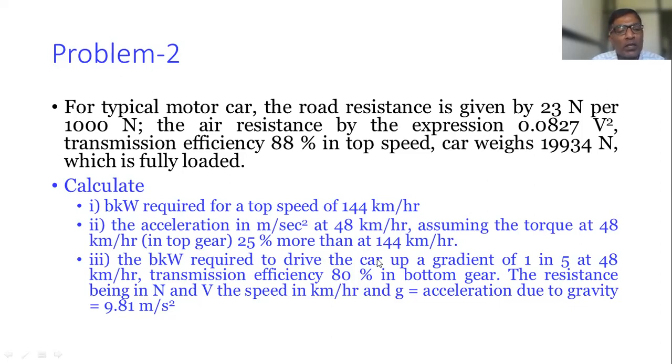And number 3, the BKW required to drive the car on a gradient of 1 in 5 at 48 kilometers per hour speed, when transmission efficiency is 80% in bottom gear. And they have given some units: the resistance being in Newton, V the speed in kilometers per hour, and g, that is acceleration due to gravity, having value 9.81 meter per second square.